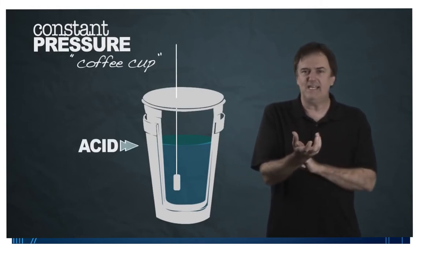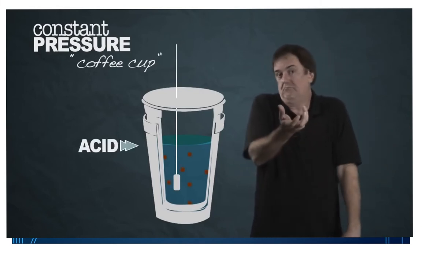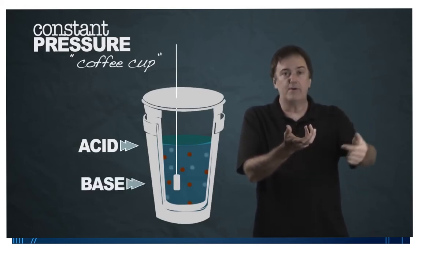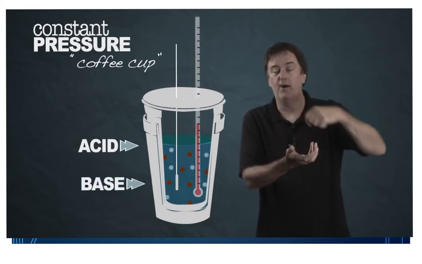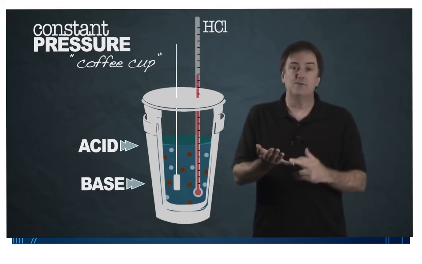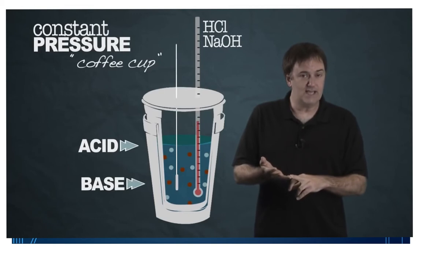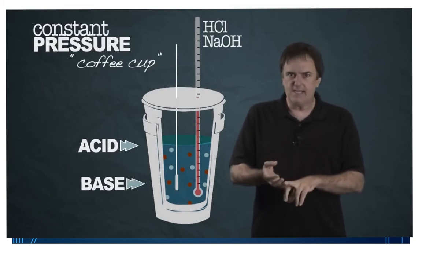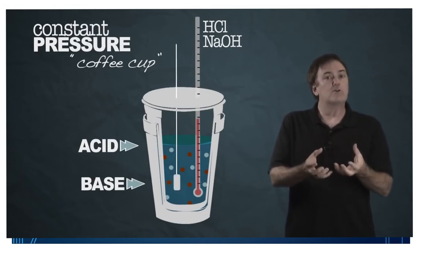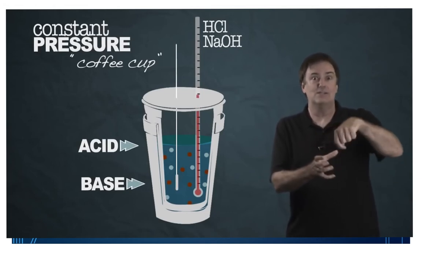Maybe you put some acid in it, so it's got acid floating in your cup of water. Now take some base, have a thermometer in it, and pour it in. Stir. That temperature will change, especially if you do something like hydrochloric acid plus sodium hydroxide. It's an exothermic reaction, so therefore it gives off heat, and sure enough, the temperature will rise in that solution.